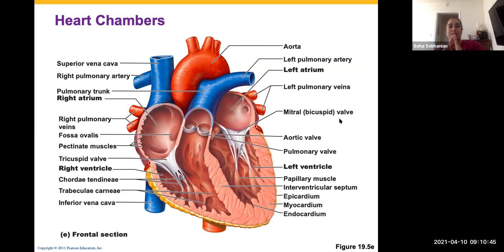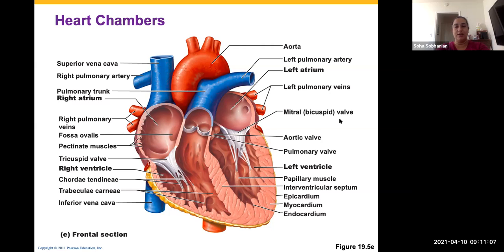So it cannot be superior inferior vena cavas, guys. So the answer is right and left pulmonary veins.